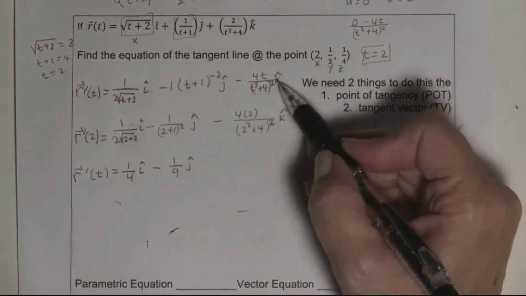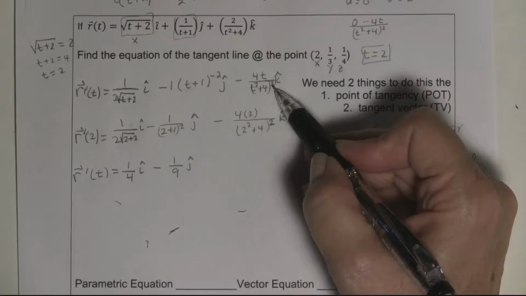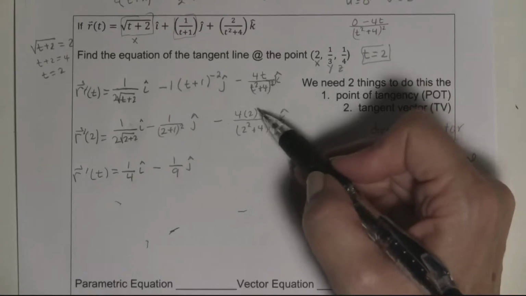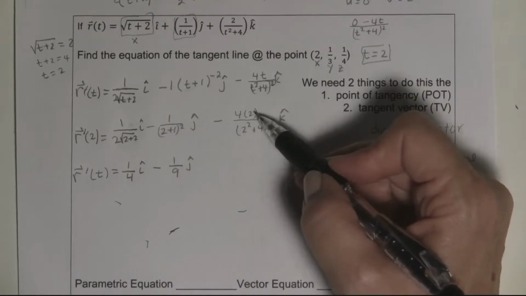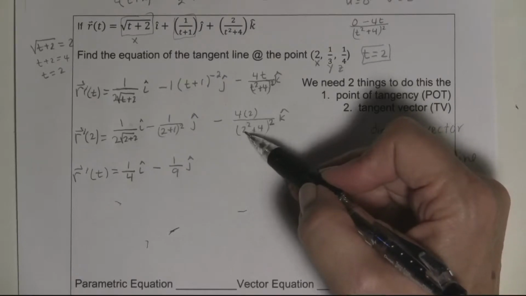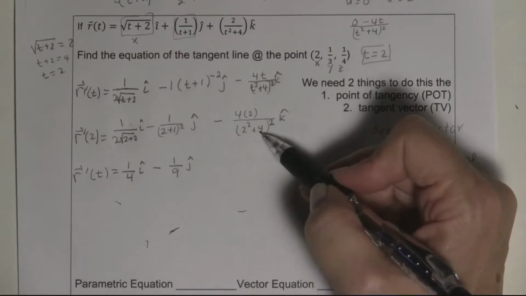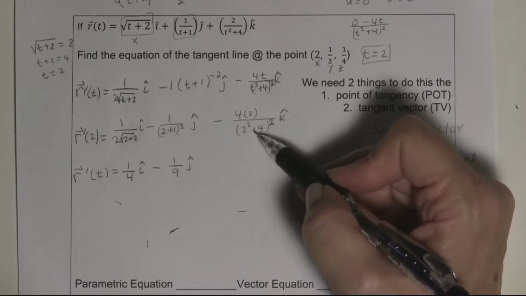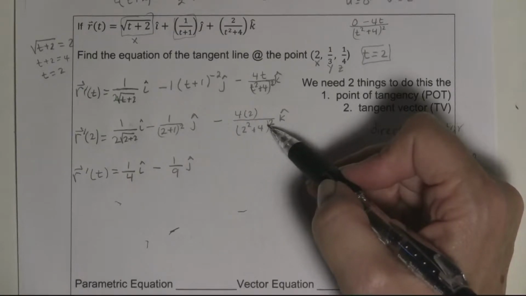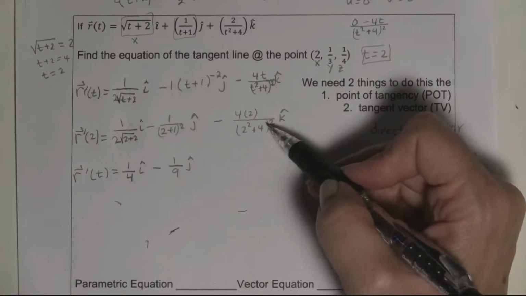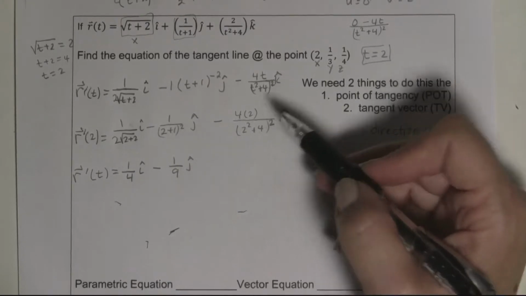So I just miscopied my derivative down, and I'm doing too many things, and so I'm getting so tired. And so this is 8. This is 4 plus 4 is 8. 8 squared is 64. And 8 divided by 64 is 1/8.